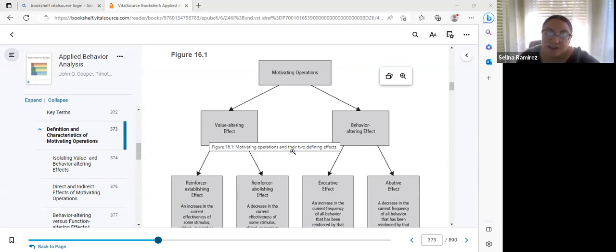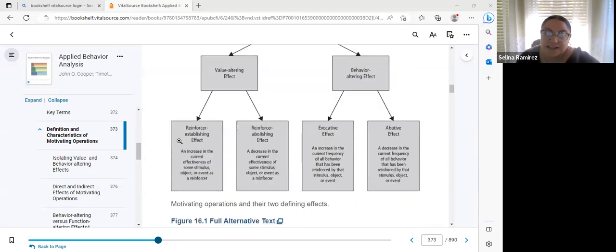So value altering is going to change the effectiveness of the reinforcer, right? This is one of our antecedents that we use a lot in ABA: we need to make the reinforcer more motivating. I've actually had a client who was unmotivated by really anything.